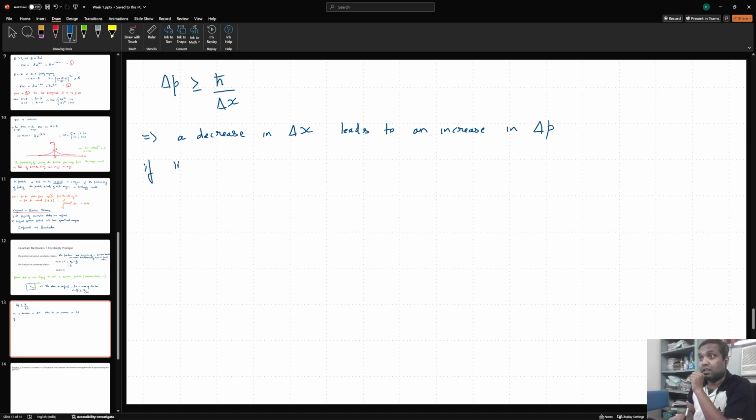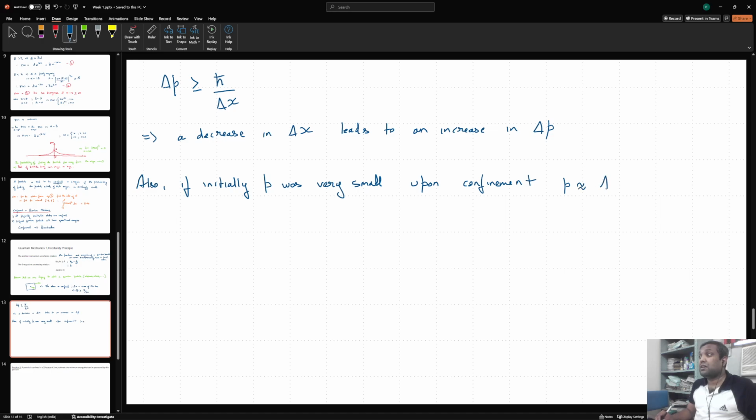Also, if initially p was very small, then upon confinement I can say p is approximately equal to delta p, because as delta x becomes smaller and smaller, this quantity delta p is going to become larger and larger.